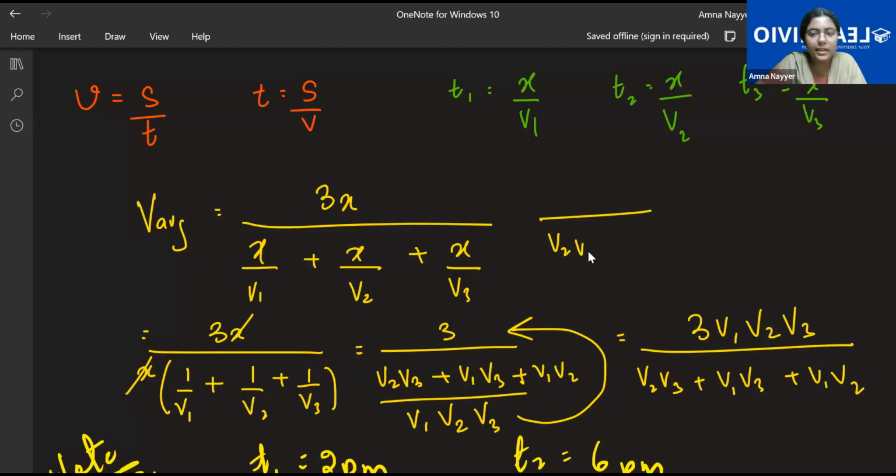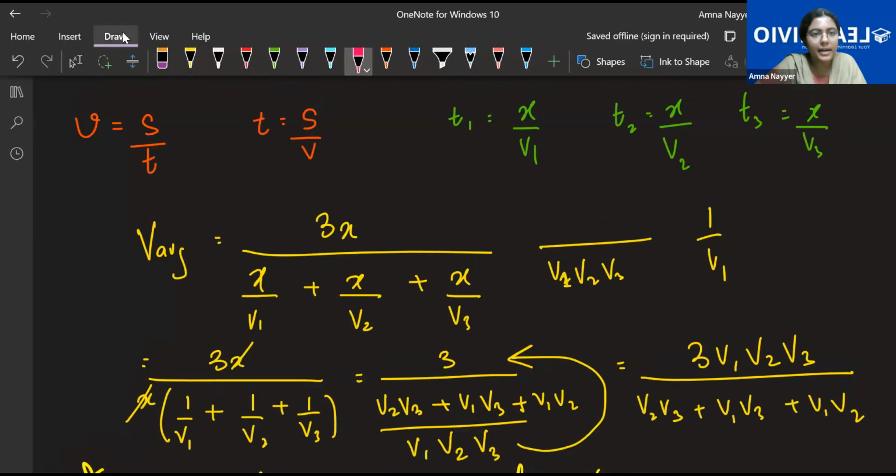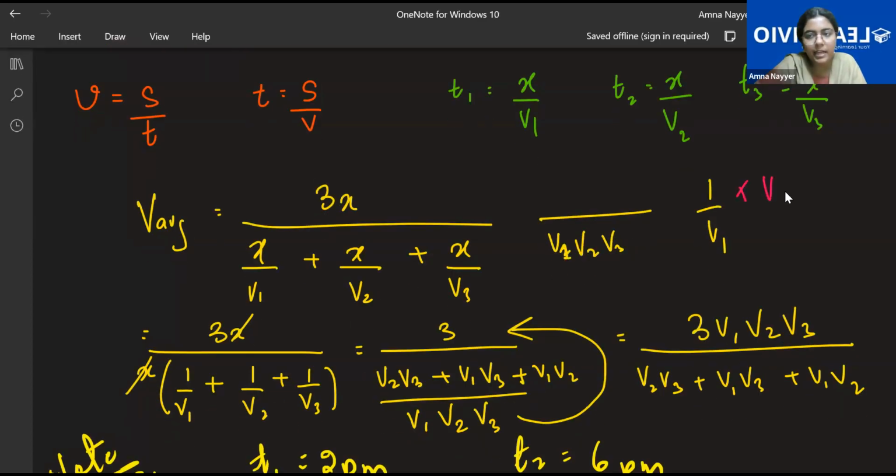Now see, to make the denominators v2 v3, v1 v3, v1 v2 the same, how can we solve it? See, when I have 1 by v1, if I multiply and divide it by v2 v3, look, I am getting v1 v2 v3 back. So in the numerator, v2 v3 will come.